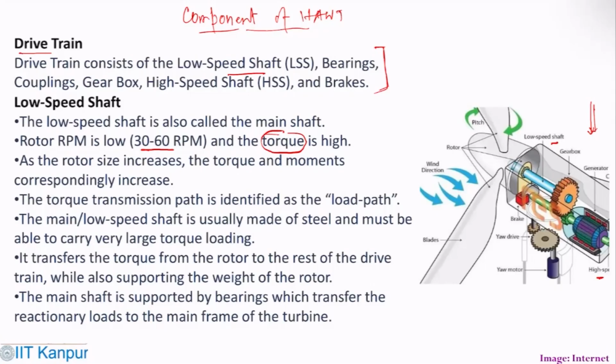We have already seen that with increasing rotor size, the torque and moments correspondingly increase. But at the same time, rotor size increase means area increases, so that means power increases.